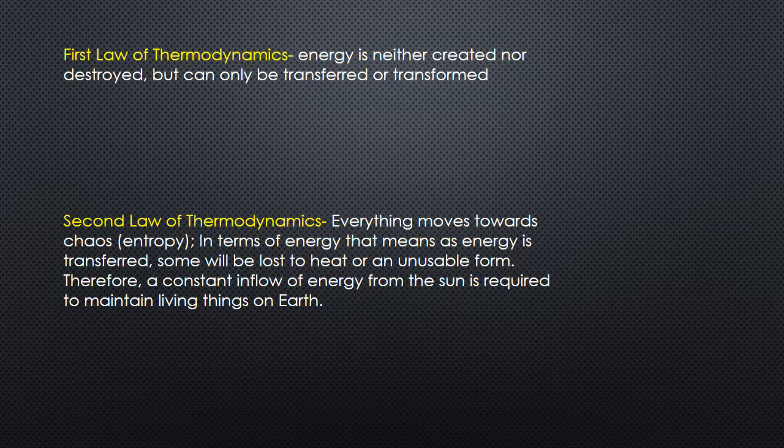And in terms of our energy, that means as energy is transferred between trophic levels, some of it is going to be lost in heat, which is an unusable form. So therefore, a constant inflow of energy from the sun is required to maintain living things on Earth.